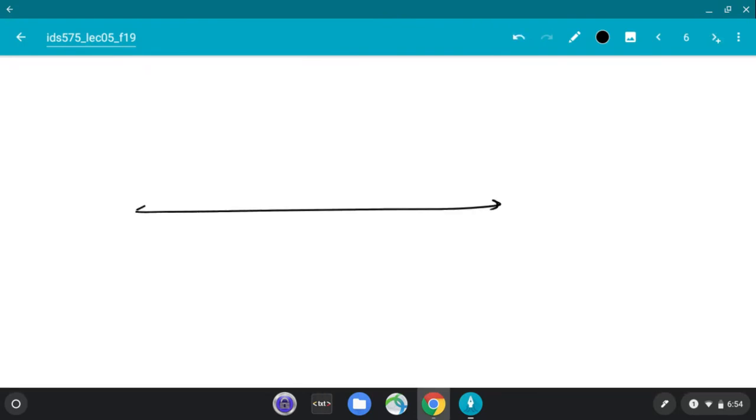So this is my 3-class problem in 1 dimension. Let's say this is the only feature x1, and I have 3 classes. Let's say x1 is between minus 6 and 6, some range.